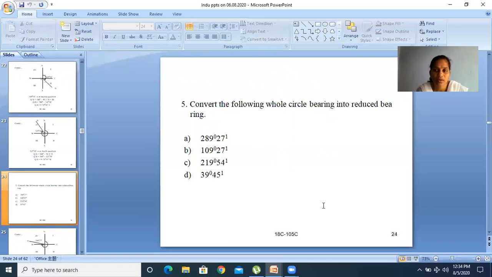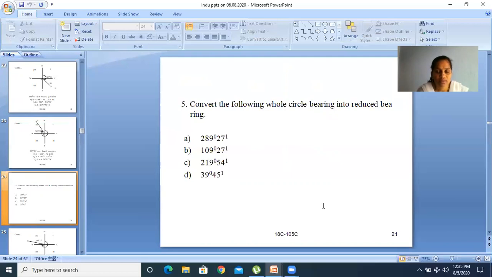You can note down the rule. Fourth quadrant: 360 minus the WCB, 289 degrees 27 minutes, and the quadrants are northwest. And the second sum is 109 degrees 27 minutes. That is in the second quadrant. In the second quadrant, 180 minus WCB, 180 minus 109 degrees 27 minutes, and the quadrant is southeast.